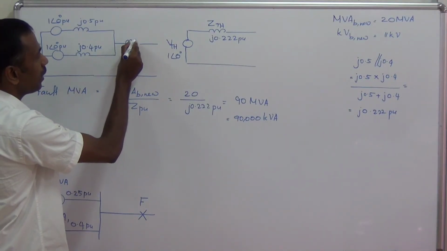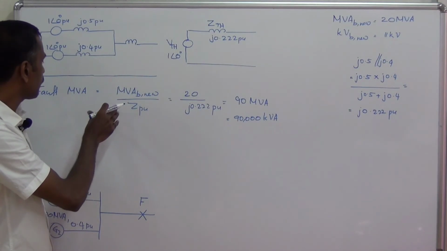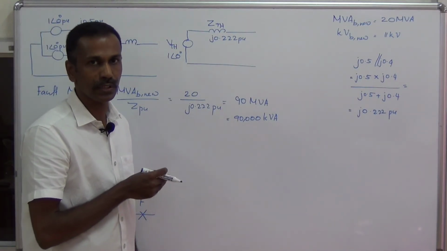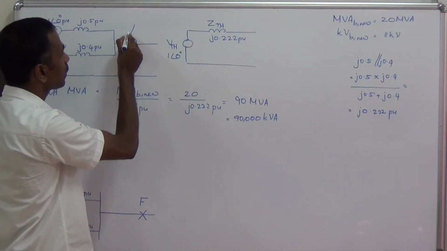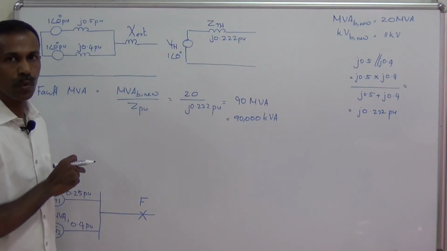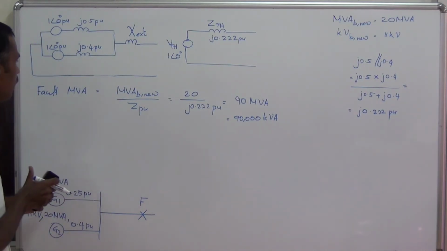In the second part of the question, we have to find out the current limiting reactance that is to be included in the feeder circuit, so that the short circuit MVA or the fault MVA is reduced by 50%. So how much feeder reactance should be included here, or how much current limiting reactance should be included here?